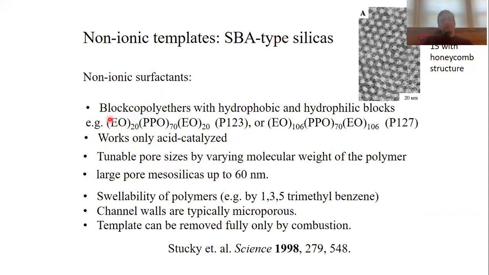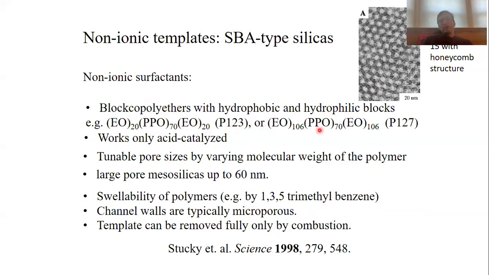They have two hydrophilic ends. These hydrophilic ends are ethylene oxide blocks, and you have a more hydrophobic propylene oxide block in between. The propylene oxide block, not the polypropylene block, is more hydrophobic because of the methyl group. The methyl group is significantly more hydrophobic than CH2 groups, and you have only CH2 groups in the ethylene oxide block.